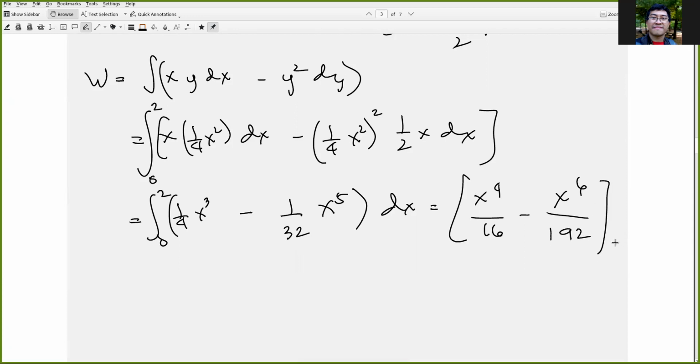All of this evaluated from 0 to 2. So if you substitute x with 2, you have 2 to the power of 4, that's 16, so that's 1. With 0, that's 0, so 1 minus, here x to the power of 6, or 2 to the power of 6, it would be 64.